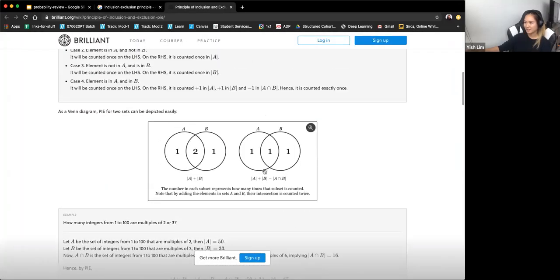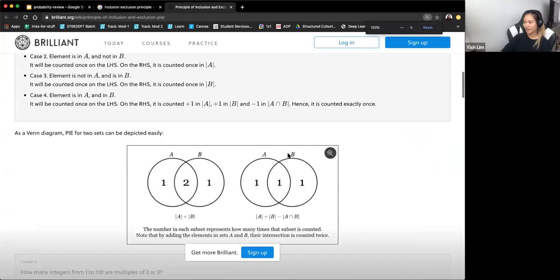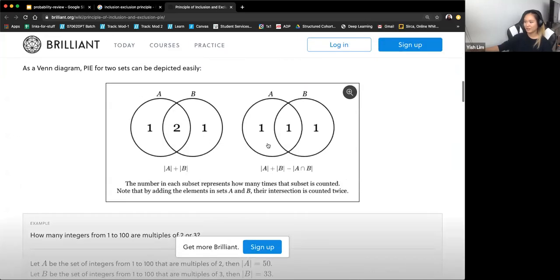The formula is here, that if we want to find the probability of the union of A and B, it is the probability of A plus the probability of B, minusing away this center part. The whole idea behind that is because of this overlapping middle. So that's the inclusion-exclusion principle.